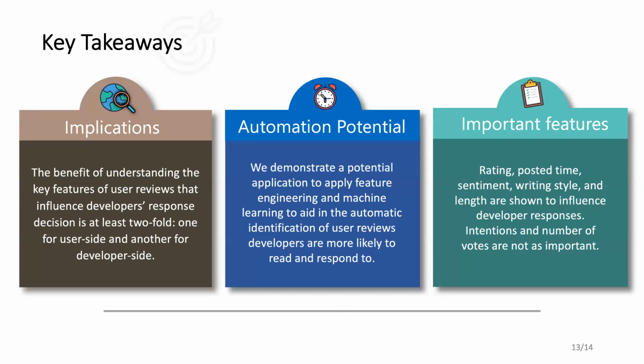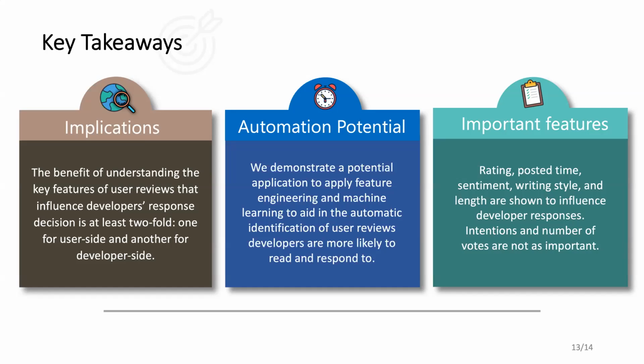So I will conclude my presentation with 3 key takeaways. 1, the benefit of understanding the key features of user reviews that influence developer response decisions is at least 2-fold. We saw 1 for the user side, but the developer side is also trivial to see. The second is we have shown earlier the efficacy of the random forest algorithm in predicting developer responses using the extracted features.